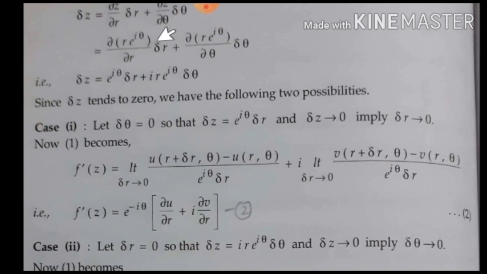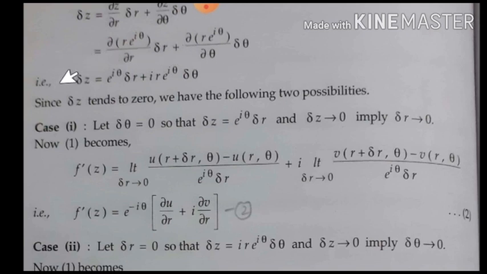So what is z? They have written. This z with respect to r means e to the power of i theta as it is, the derivative of r with respect to r is 1, into delta r. Then here r as it is, the derivative of e to the power of i theta with respect to theta is i into e to the power of i theta, delta theta.